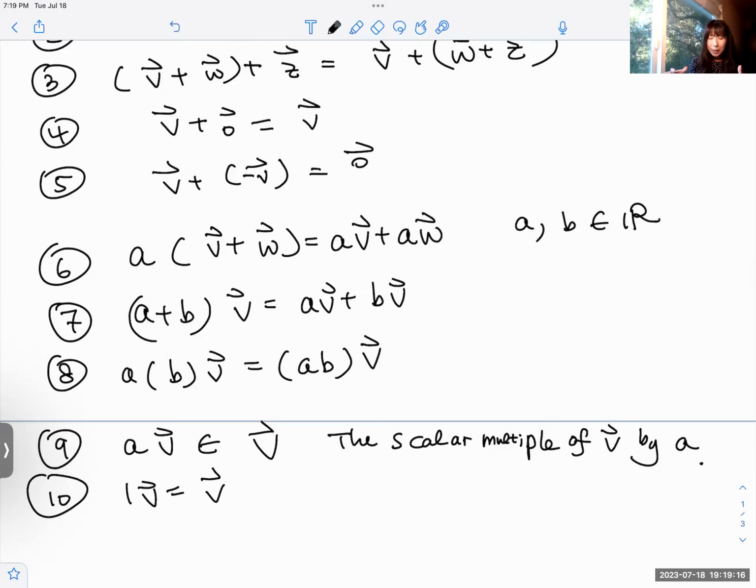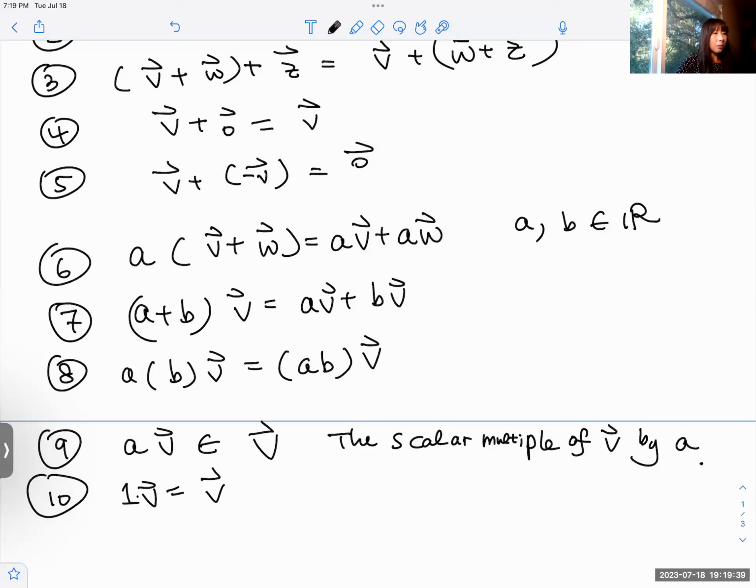So those are the 10 axioms. Is number 10 that 1? Yeah, 1 times V is V. That's the multiplication identity.